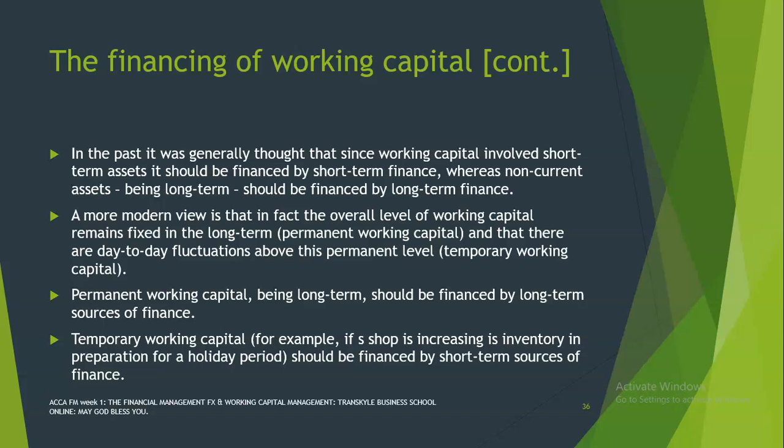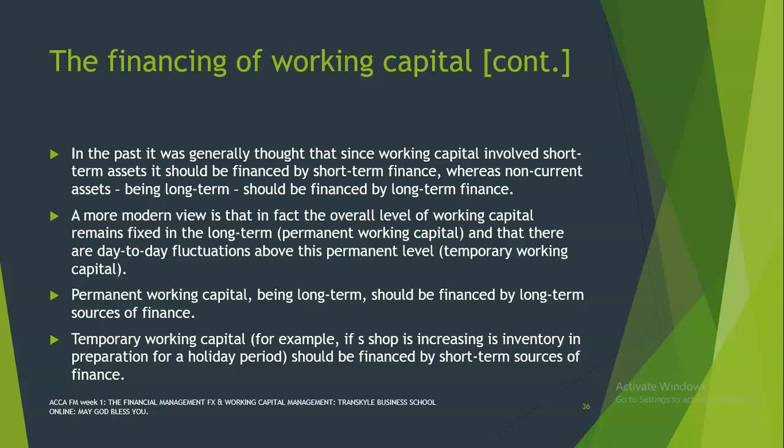Now, in the past, it was generally thought that since working capital involved short-term assets, it should be financed by short-term finance, whereas non-current assets, being long-term, should be financed by long-term finance. A more modern view is that the overall level of working capital remains fixed in the long term, that is permanent working capital, and that there are day-to-day fluctuations above this permanent level, that's temporary working capital.